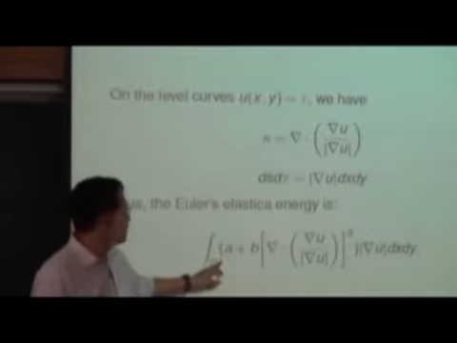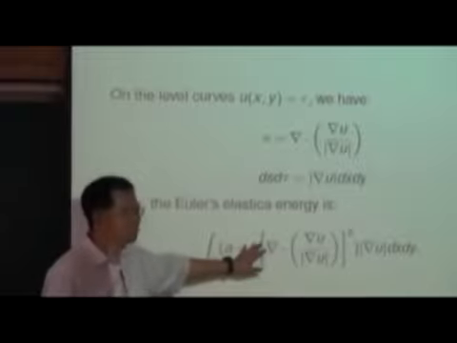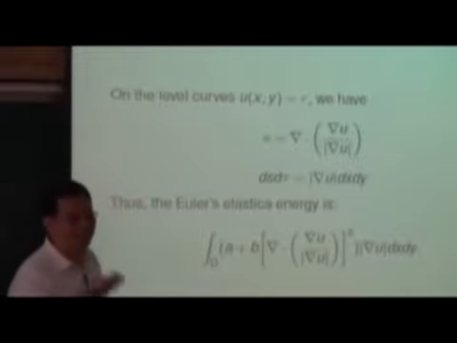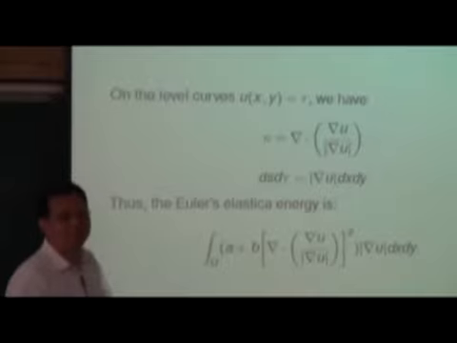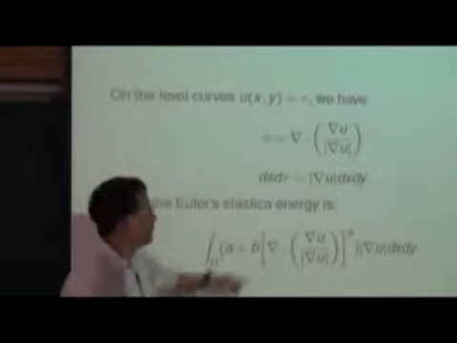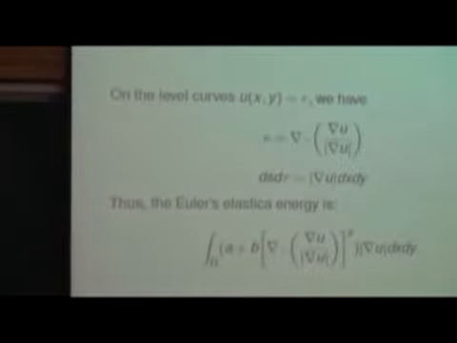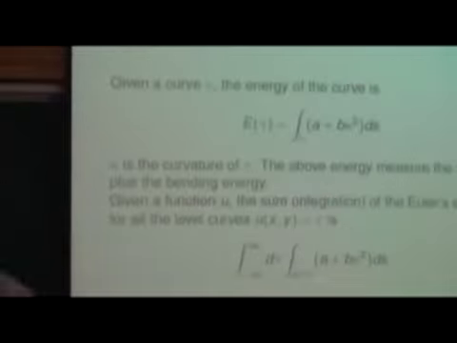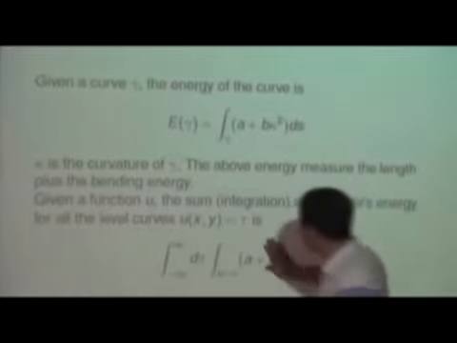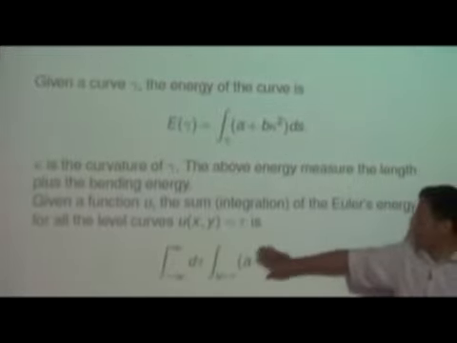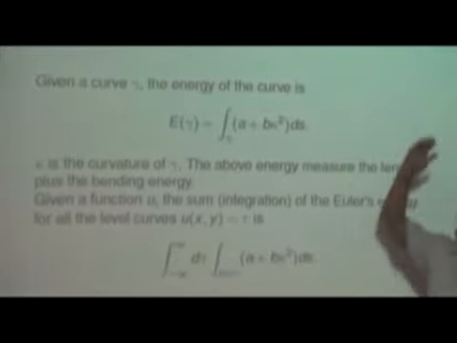And this also shows that minimizing the TV is minimizing the sum of the lengths of all the level curves, right? Because if you take b equal to 0, you just calculate the length of all the level curves and then integrate over all the levels.